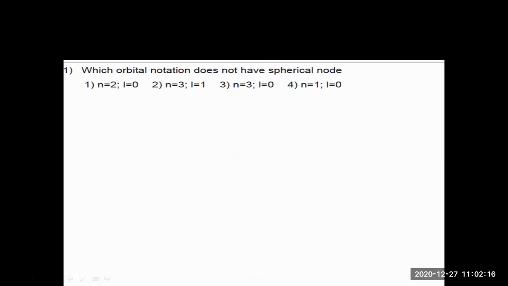Next. Now we'll take up questions on quantum numbers and rules governing electronic configuration. Only these 30 questions I have done so far in atomic structure. Did I do another 30 questions in the previous class?